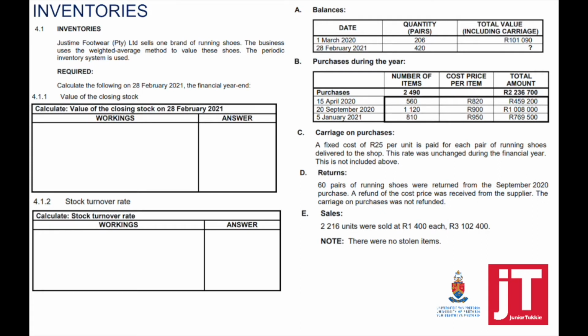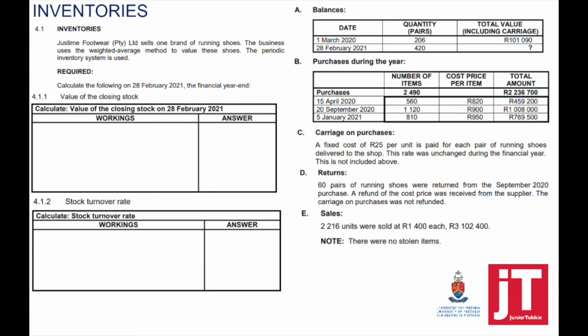If we look at our returns, 60 pairs of running shoes were returned from the September purchases specifically. A refund of the cost price was received from the supplier, but the carriage on purchases was not refunded. So for that refund, we need to look at what the purchases in September were, what the cost price per item was, and that will form part of our calculation for returns.